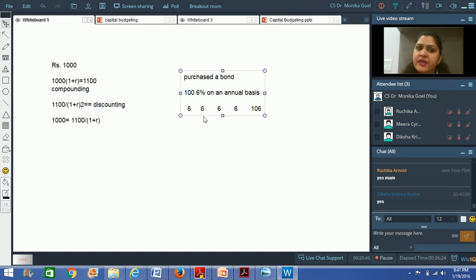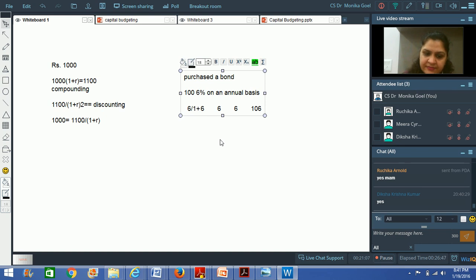The company is paying you 6%. Assume that in order to give this 100 rupees to the company, you arranged the funds at 5% rate of interest, so the market rate of interest or your cost of capital is 5%. I am going to get 6 rupees after 1 year.